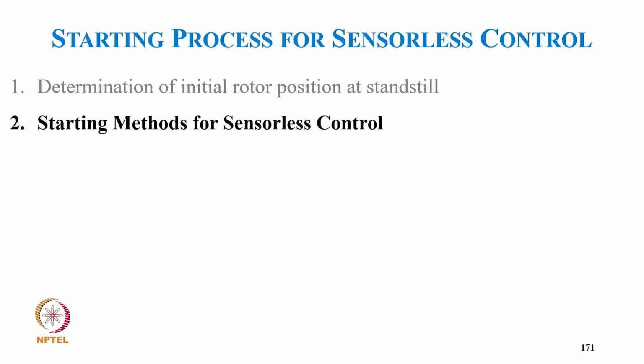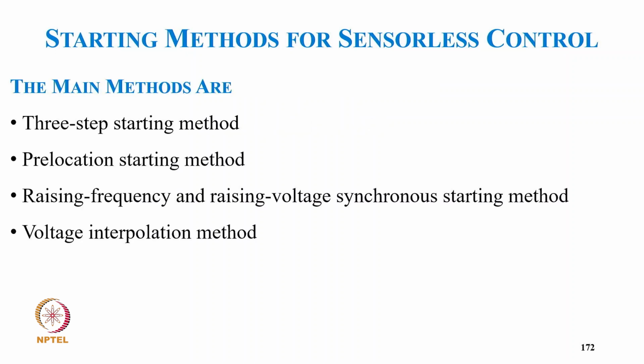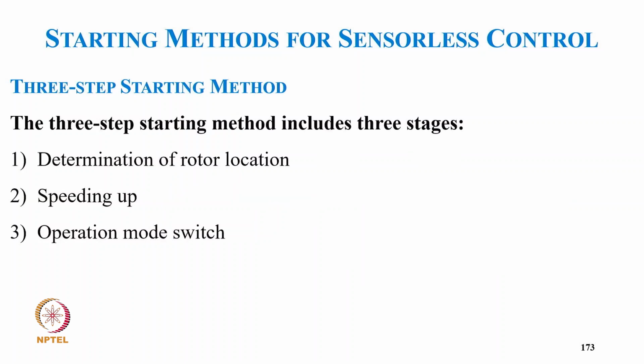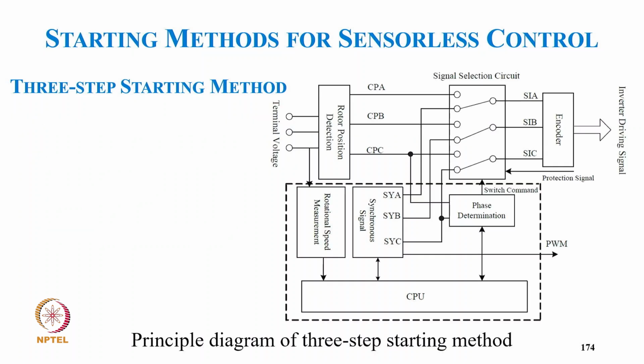So second is the starting method for sensorless control. The main methods are the 3-step starting method, the pre-location starting method, the raising frequency and raising voltage synchronous starting method, and the voltage interpolation method. The 3-step starting method includes determination of rotor location, speeding up, and operation mode switch.